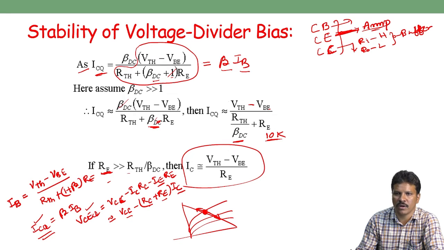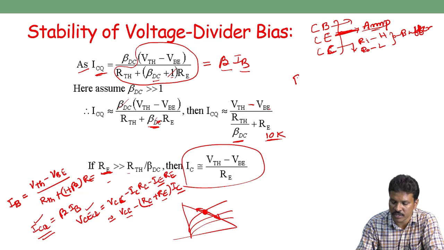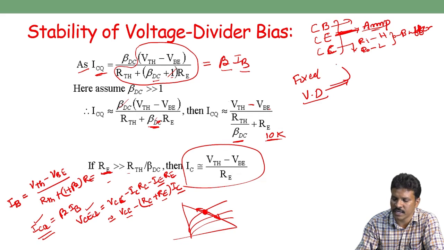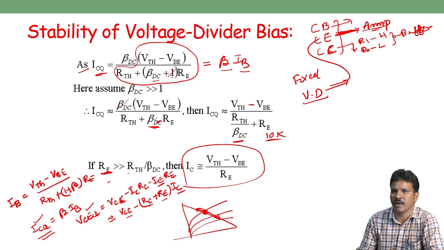Stability is more, so the stability factor is approximately equal to 1. So, with all these advantages in voltage divider bias, we always prefer voltage divider bias with CE configuration for an amplifier.